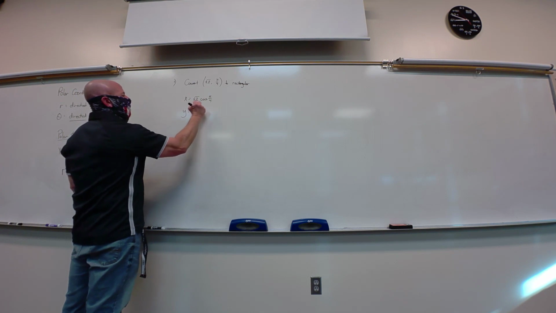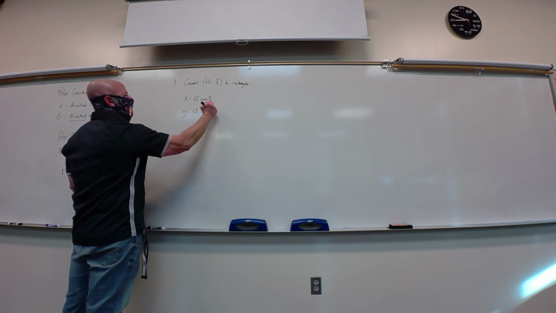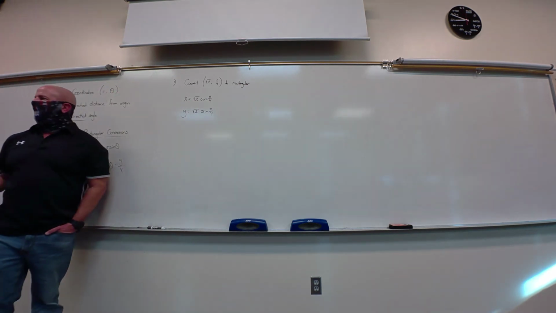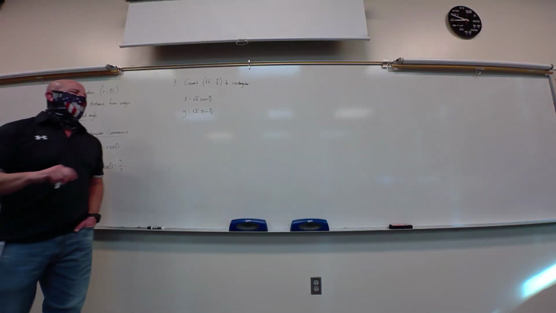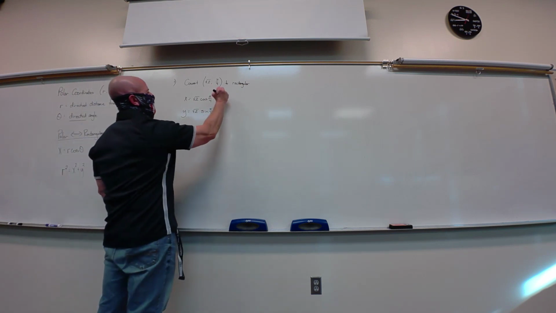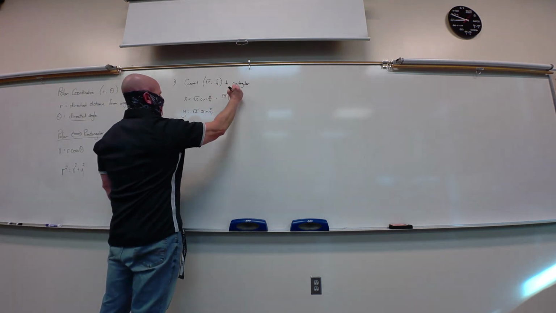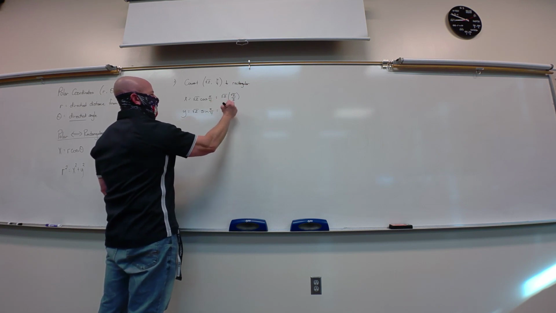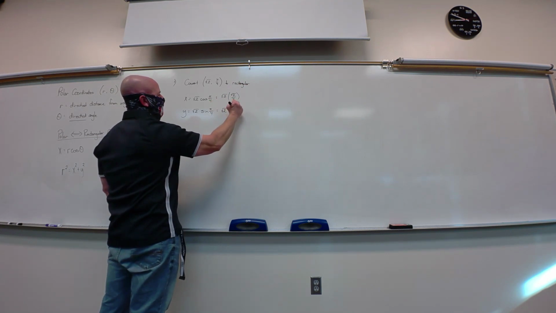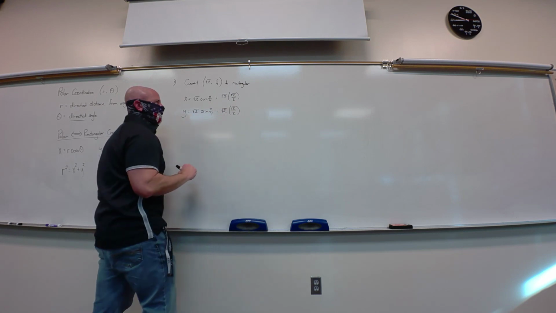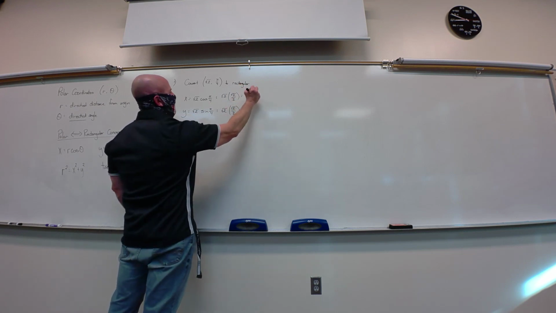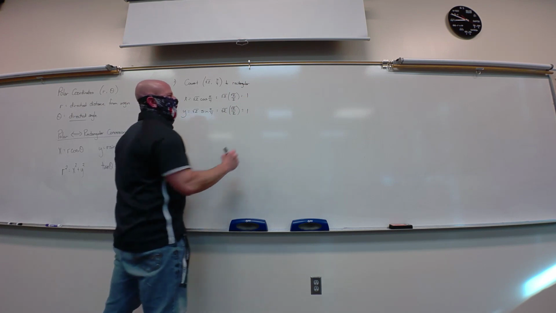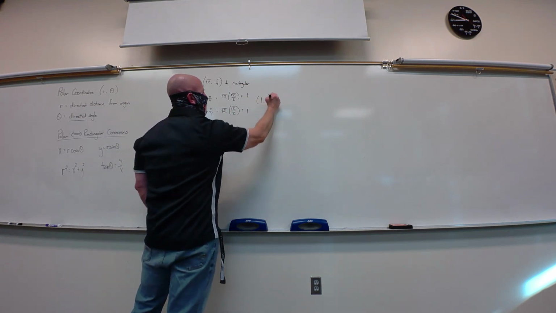Y equals root 2 sine pi fourths. R cosine theta, R sine theta. Cosine of pi fourths is root 2 over 2. Root 2 times sine of pi fourths, still root 2 over 2. So we're looking at 1 and 1. So this rectangular point is 1 comma 1.